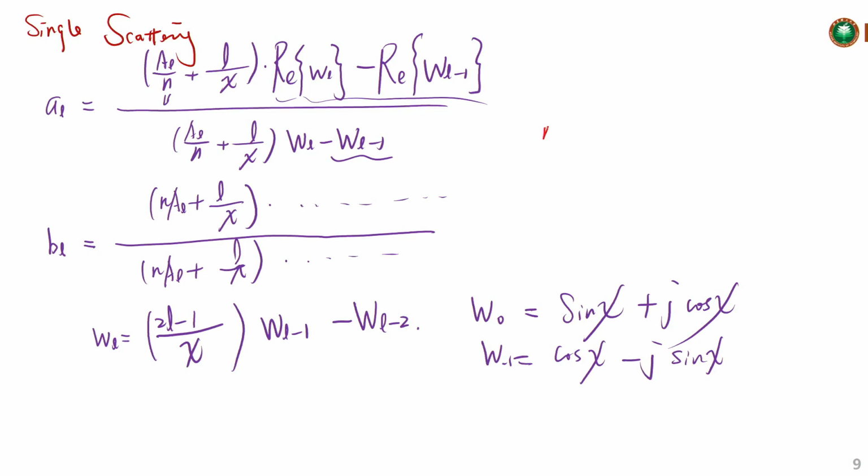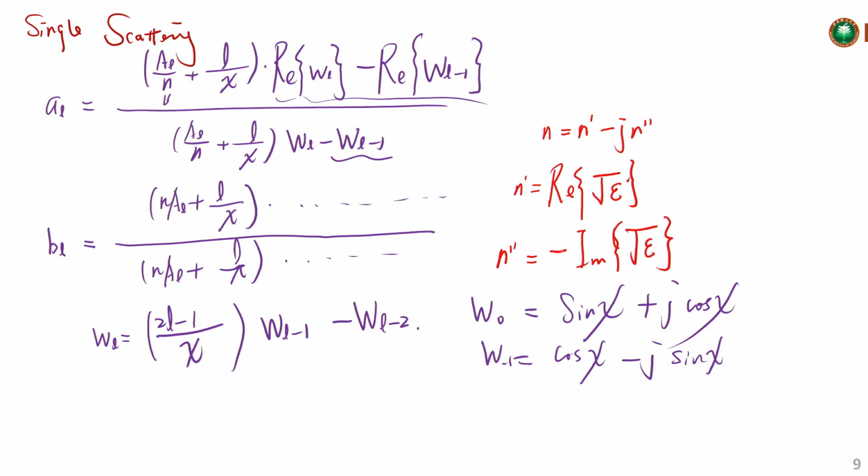So N is the refractive index, and for dielectric particles it has a real part and an imaginary part. The real part is related to the real part of the square root of epsilon, and the imaginary part is the imaginary part of the square root of epsilon, with a minus sign here.